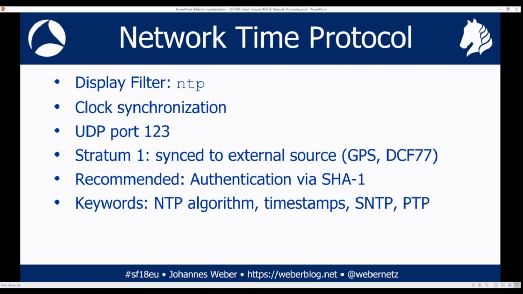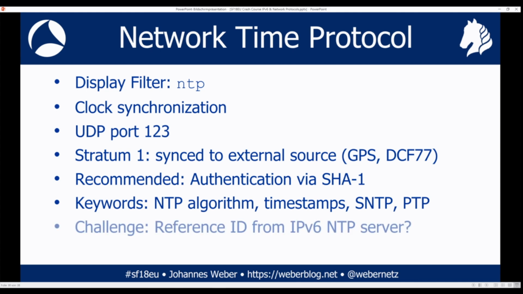I do not recommend this, because anyone who joins this pool can place in their NTP server, which is okay for your home connections, but not for your enterprise, where you have time-crucial services, and they're not using authentication. So NTP itself can use authentication via MD5 and SHA-1. Please use it when you're an enterprise. So please buy an NTP appliance that gets its clock from one of these external sources and leverage NTP authentication.